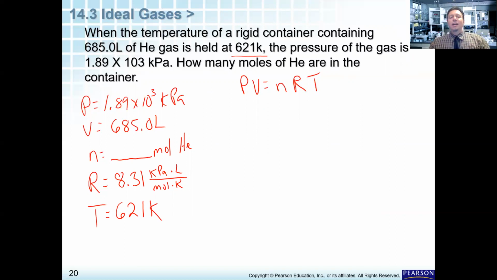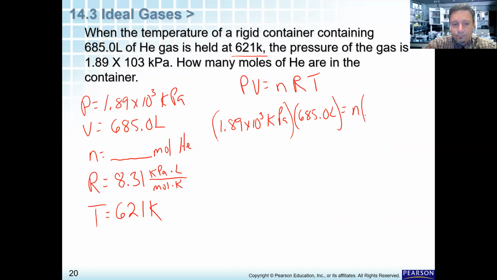So now I can just plug all this stuff in. And on the ideal gas law, I like to just plug it straight into the formula just as it is. And you'll see why, because I can cancel my units off very easily this way. So my pressure here is 1.89 times 10 to the third, and this is kilopascals. My volume is 685.0 liters equals n, that's what I'm solving for.